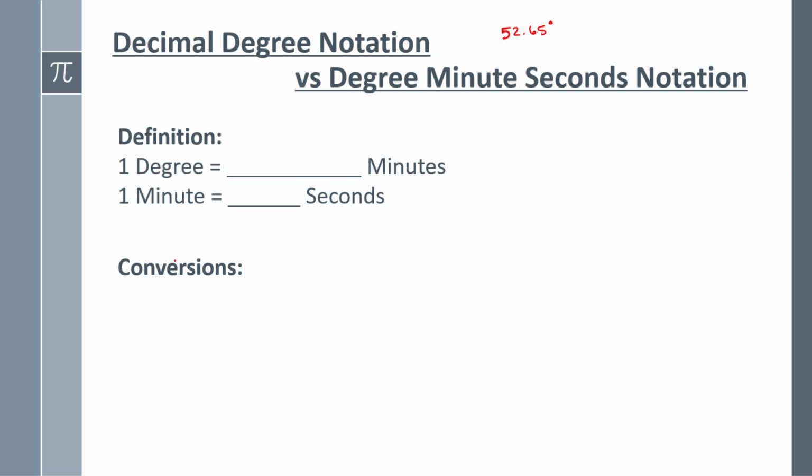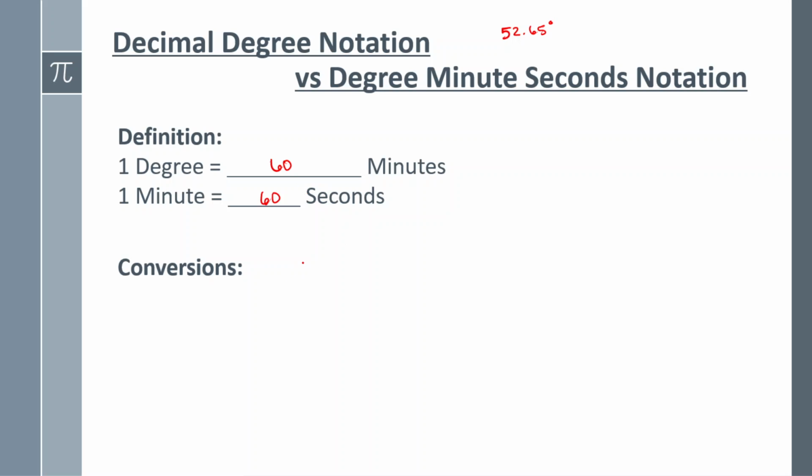Well, that's decimal degree notation. Degree, minutes, and seconds breaks it down, where 1 degree equals 60 minutes and 1 minute equals 60 seconds. That's normal time telling conversions, but now we're going to put it with our degrees around a circle.